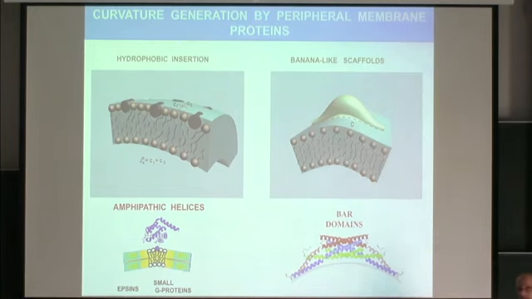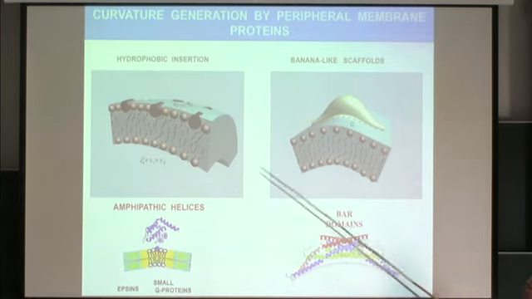In both cases, the locally induced curvature propagates to some extent along the membrane area due to membrane bending elasticity. And these guys can generate membrane curvature locally.